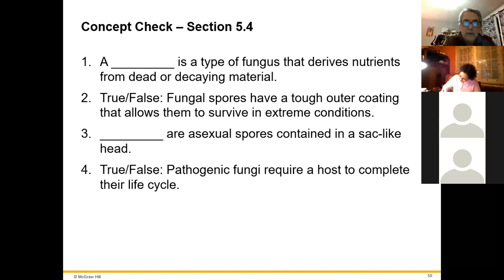So blank or asexual spores contain a sac-like structure that is a sporangium. Pathogenic fungi require a host to complete their life cycle. That's not necessarily true. They are taking advantage of a situation to reproduce.